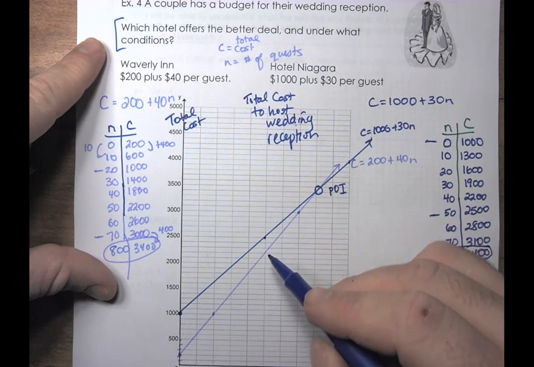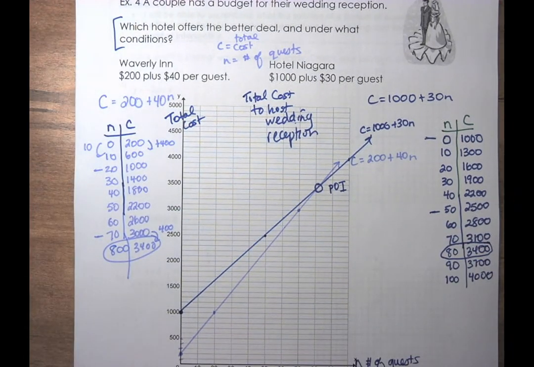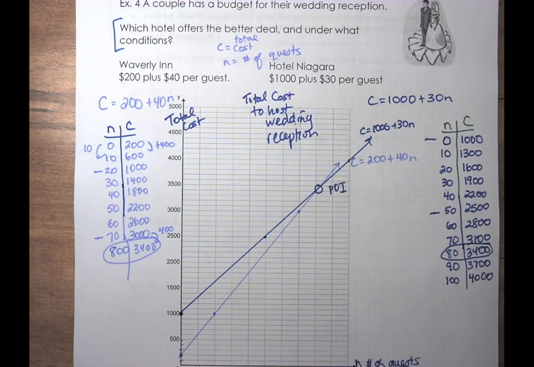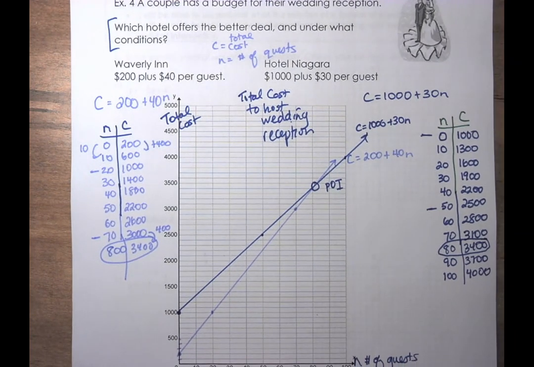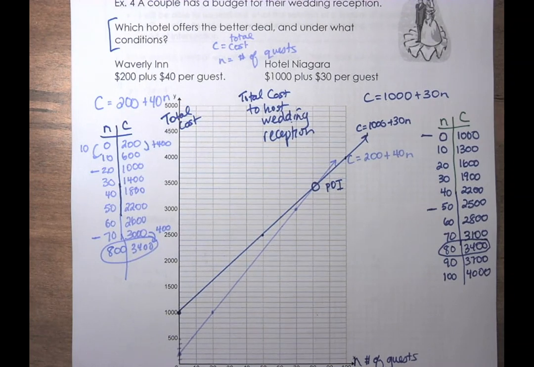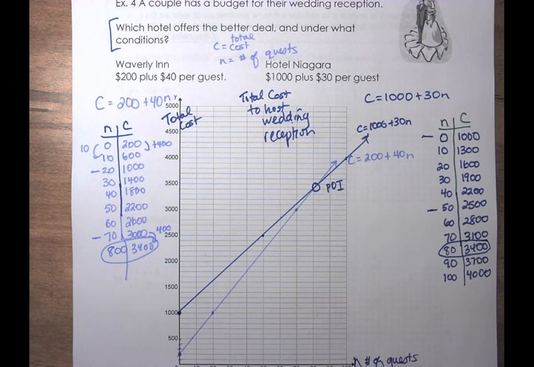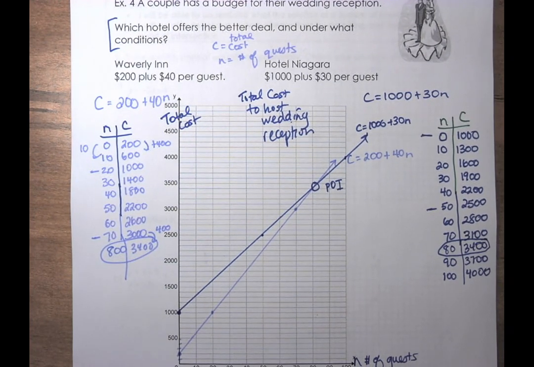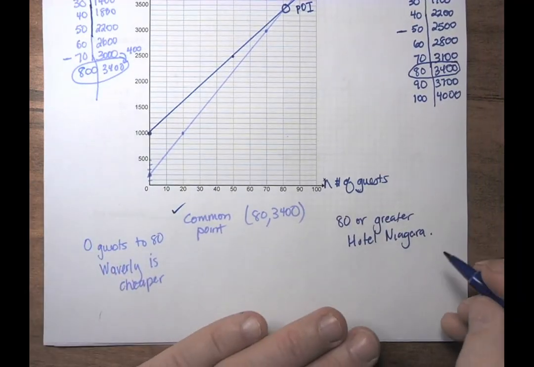Well, from 0 to basically 80 guests, Waverly is cheaper. And here, 80 or greater, Hotel Niagara is. Sorry about that.